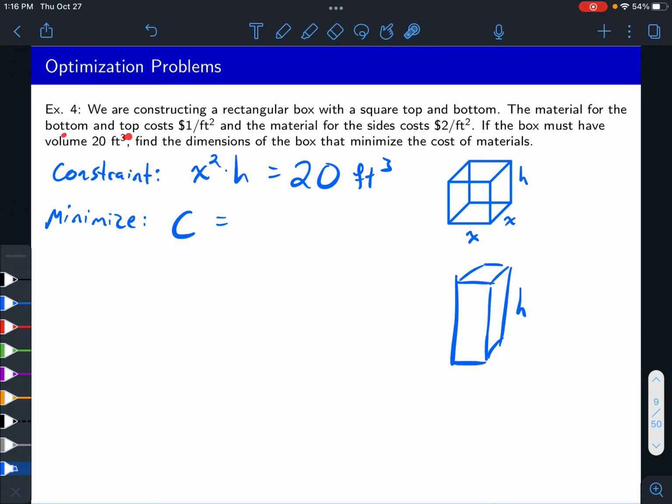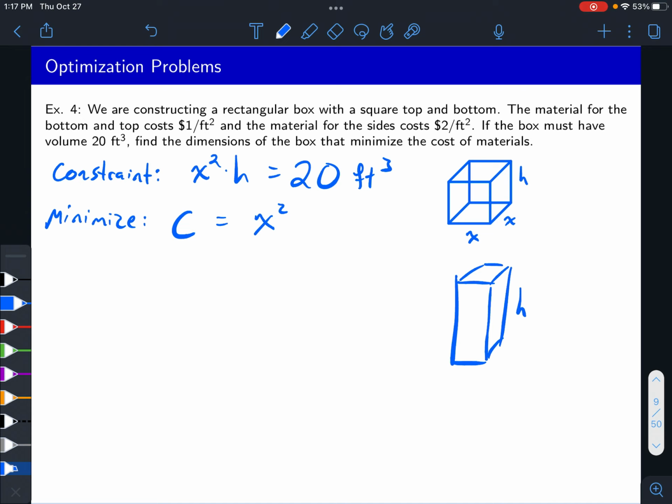So the top costs $1 per square foot. So we find the area of the top and the bottom, and then multiply that by $1 per square foot. So the top and the bottom both have area x squared.